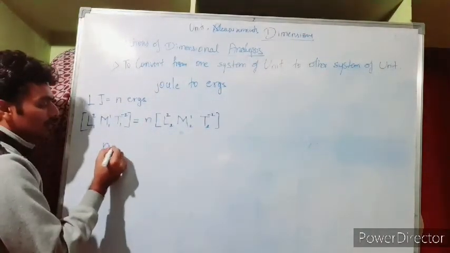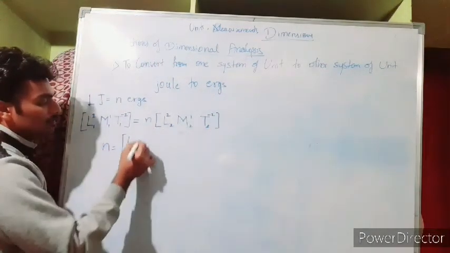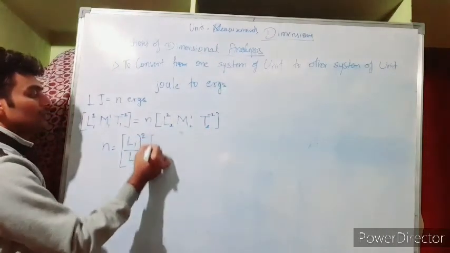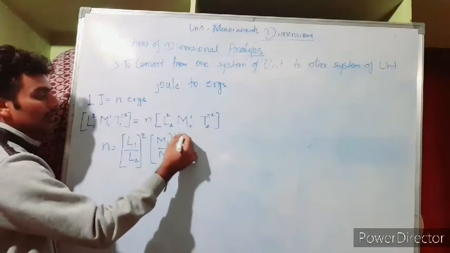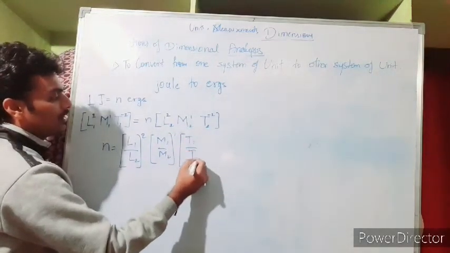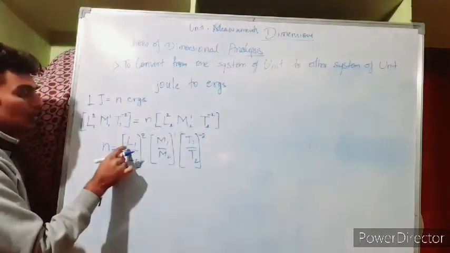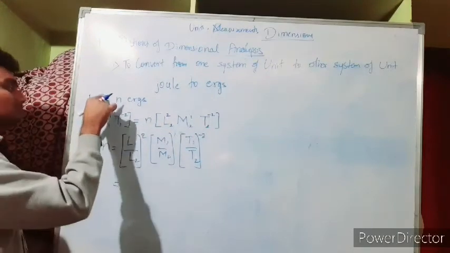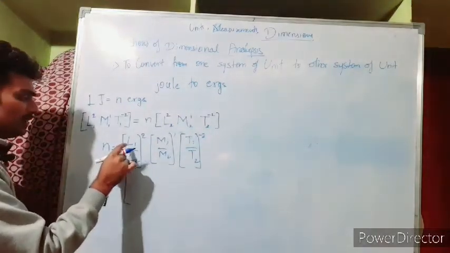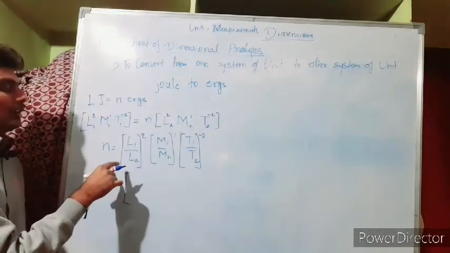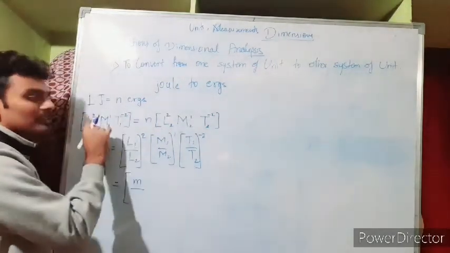So n becomes equal to L1 by L2 raised to 2, M1 by M2 raised to 1, T1 by T2 raised to minus 2. L1 is the dimension of length taken in SI system. The unit of length is meter, because L1 belongs to SI system.